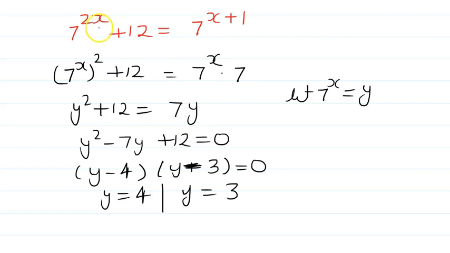But we need answer in the form of x, not y. So let's put y equal to 7 to the power x again. So 7 to the power x equal to 4, and here 7 to the power x equal to 3.